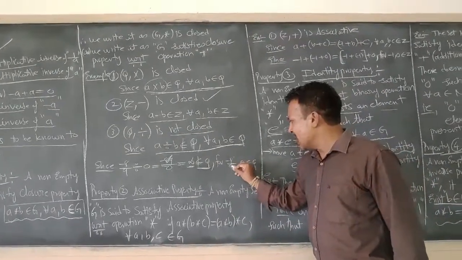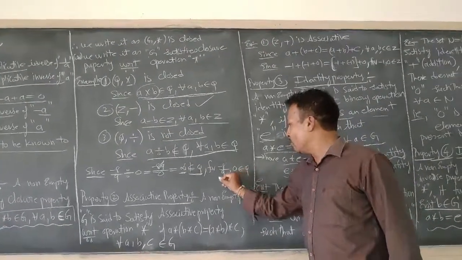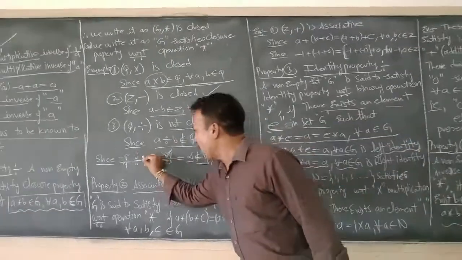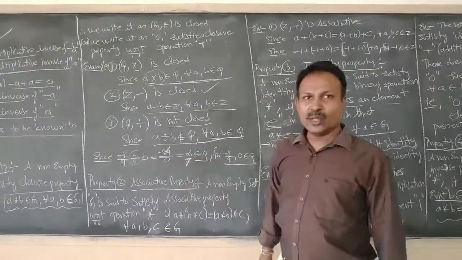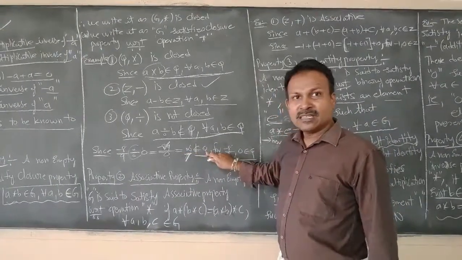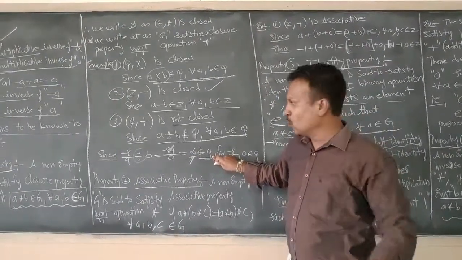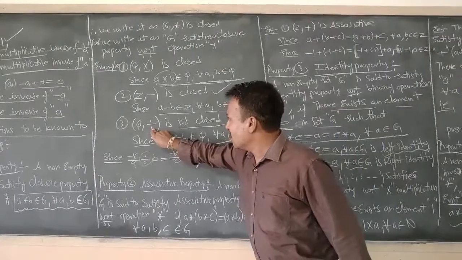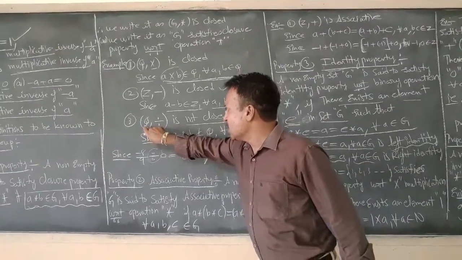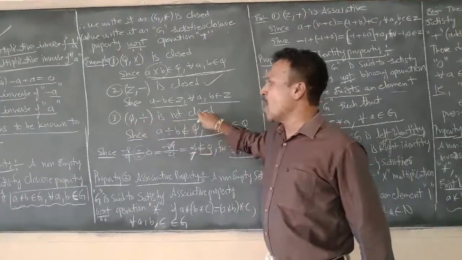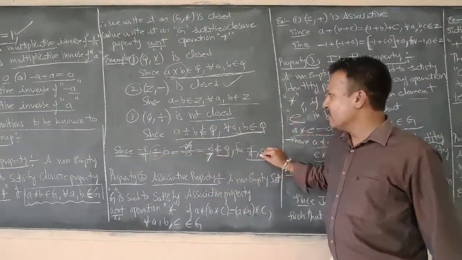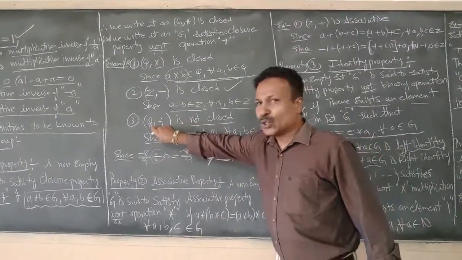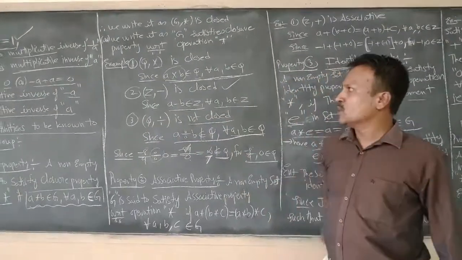Therefore, for minus 8 by 9, 0 belonging to Q, when operated with the division symbol, it gives an undefined value which is not present in the set of rational numbers. Therefore, we have written Q, division is not closed. It is the example which supports the statement that Q, division is not closed.